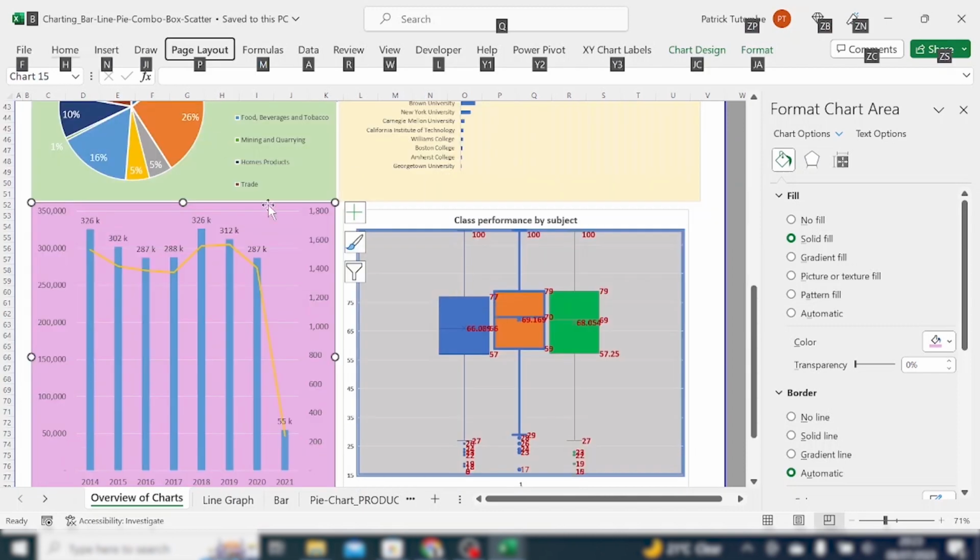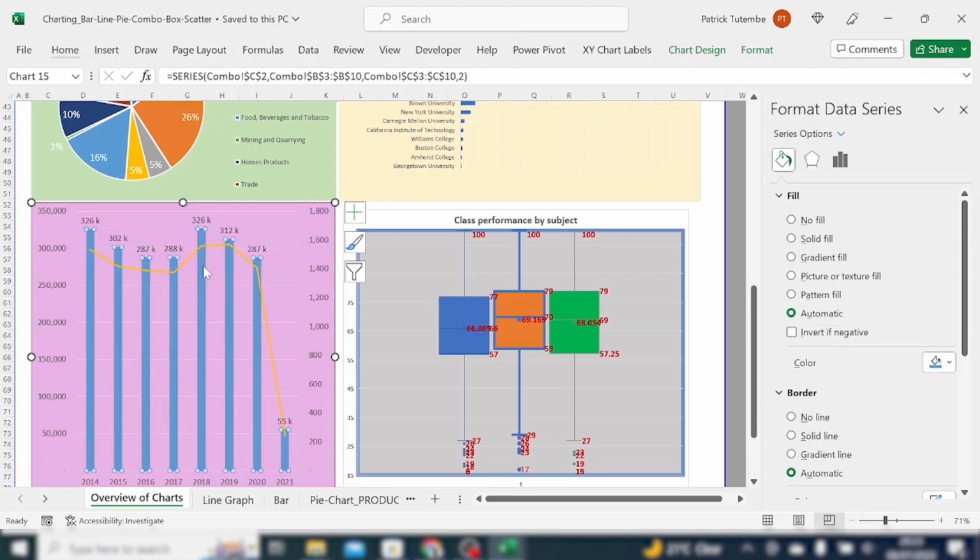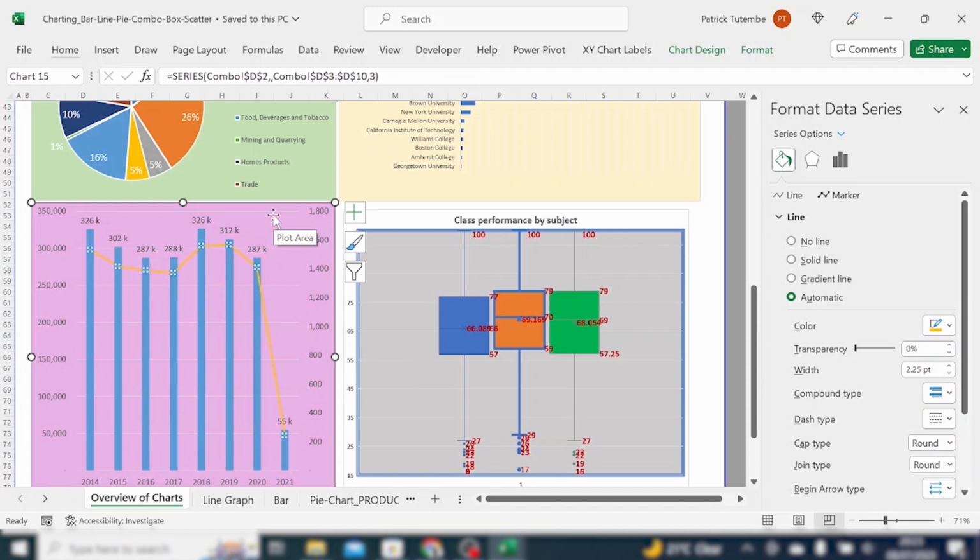A combo chart, as we said, combines two types of graphs. In this case, we have a column chart and a line graph being combined. A combo chart combines different types into a single visualization, allowing for presentation of multiple data series and their relationship.